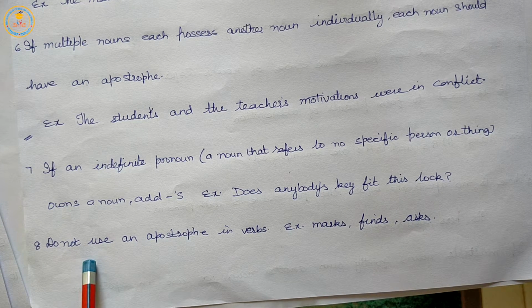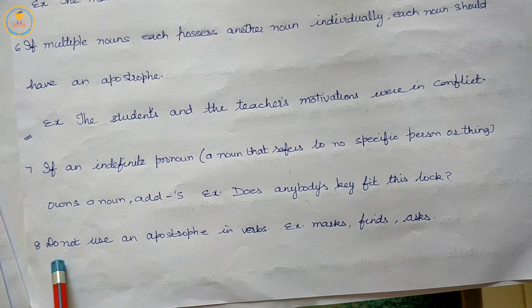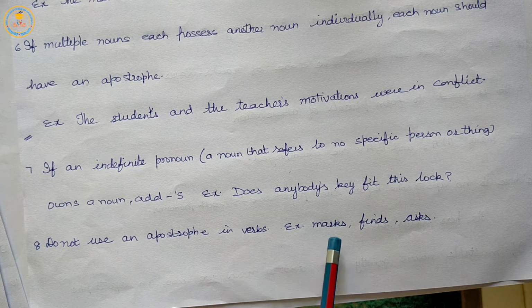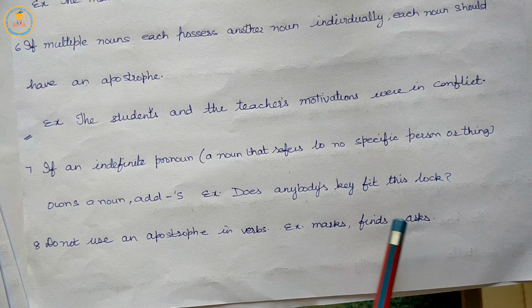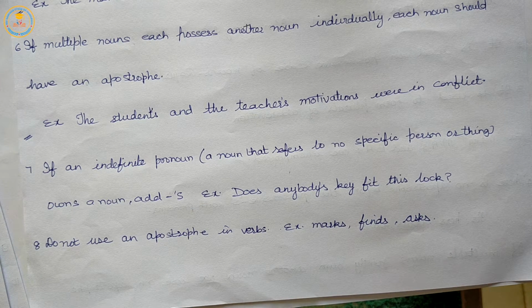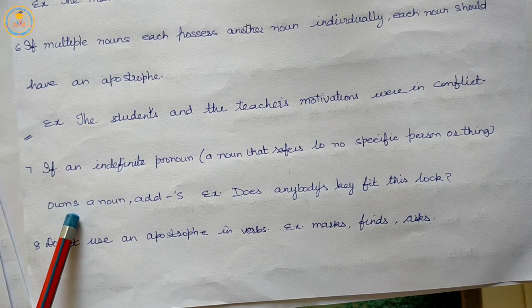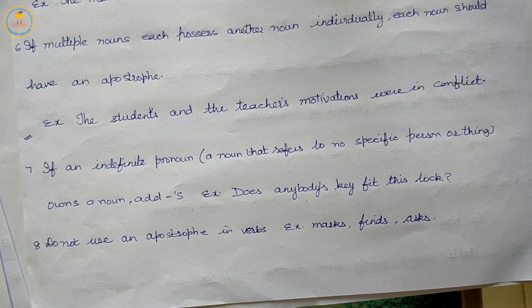Don't use an apostrophe in verbs. Example, marks, find, things, ask, like this. So, apostrophe has two main functions. It marks possession and it is used in contractions to indicate the place where letters have been omitted.